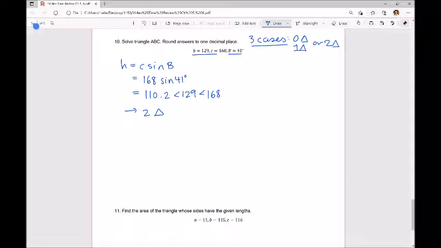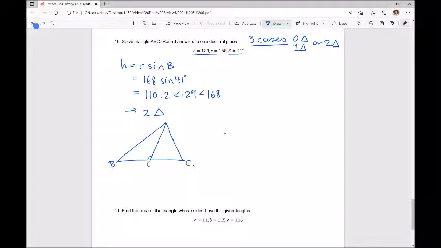Okay, so let's draw our picture for two triangles. So we've got this situation going on. Always label the given angle as this corner over here. So this will be angle B. And then your other angle on the other corner over here should be C, because that was the other side we're given. So this angle is going to be C1.